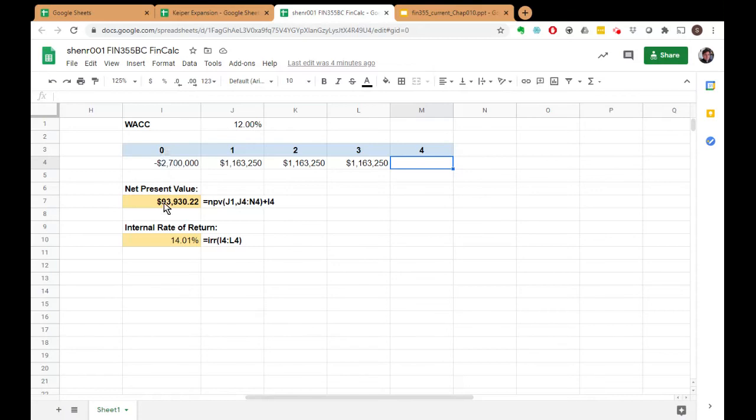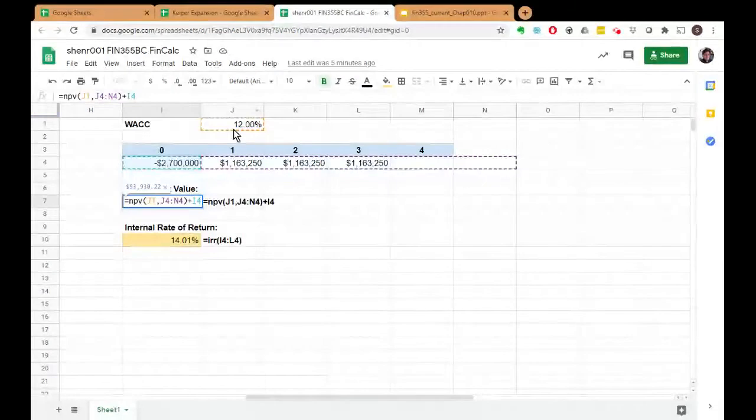I used the net present value formula here, and this should be familiar from the previous chapter where you used the NPV formula to calculate net present values of things. Bearing in mind that in the net present value formula, the first argument is the discount rate or the cost of capital. We were told here that it's 12%, but that comes from an analysis, an estimate of this company's overall cost of capital.